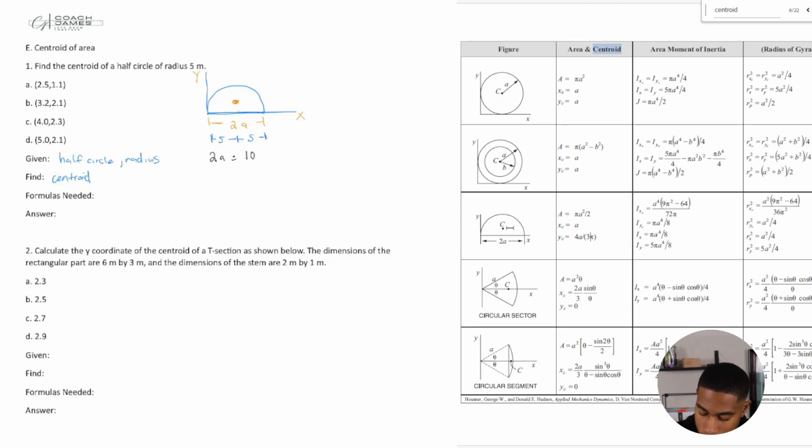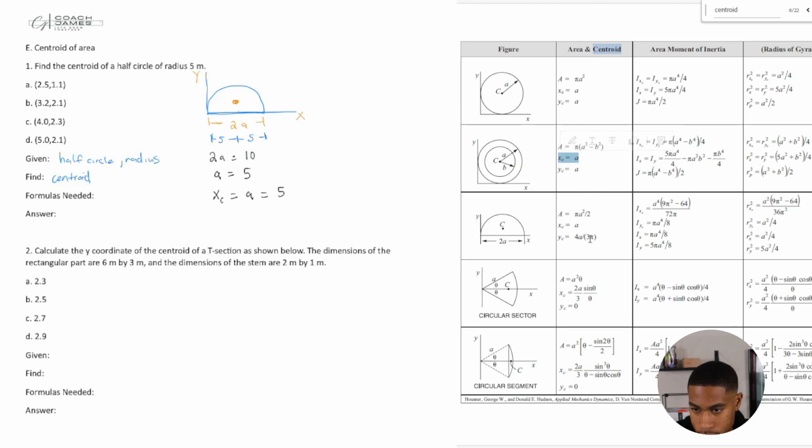So now a is equal to 5. xc is equal to a, which is equal to 5. See where I pulled that from? I just took it from the handbook.